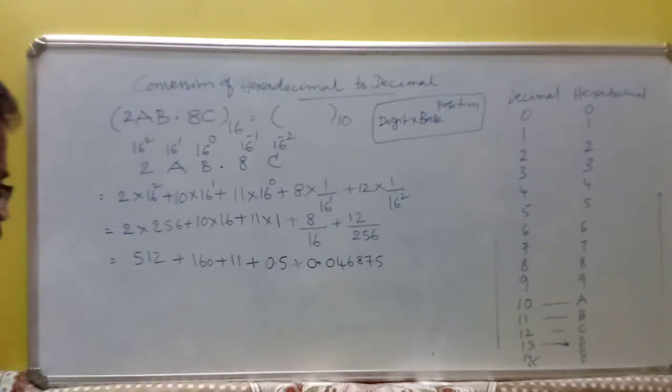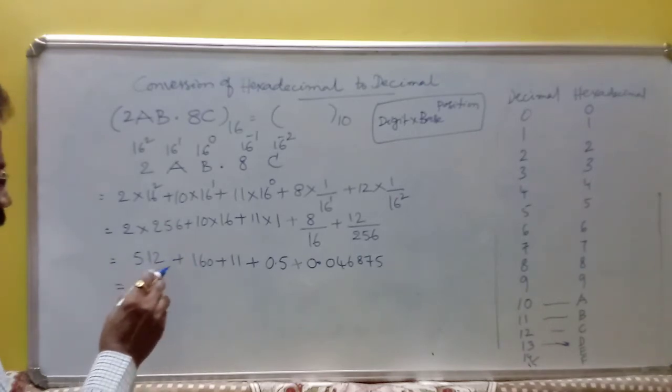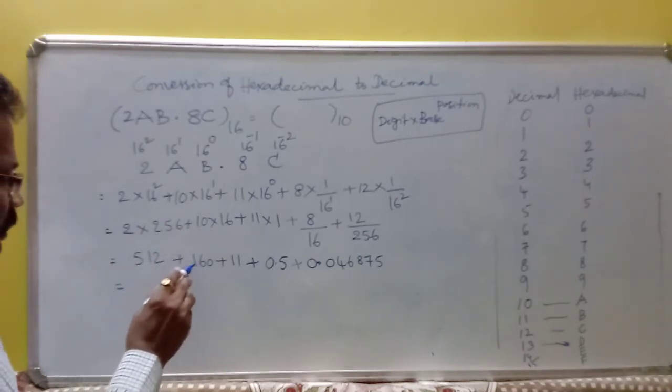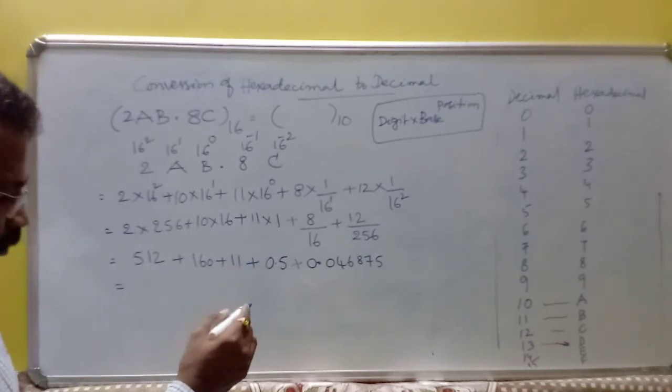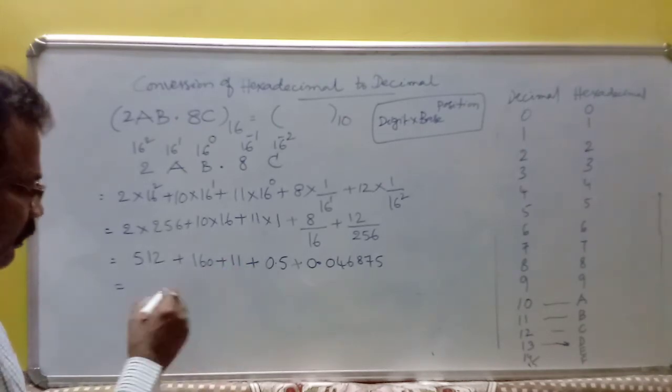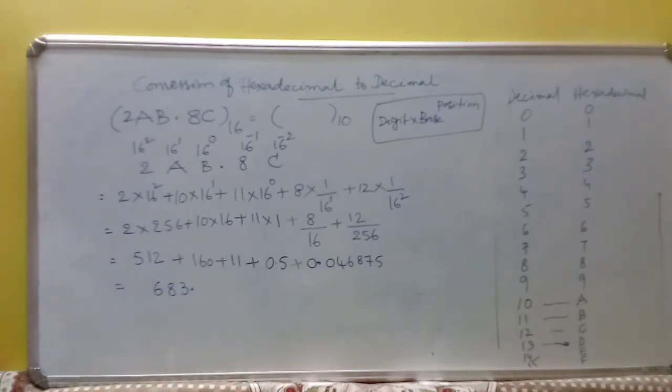Now, 512 plus 160 means 672. 672 plus 11 is 683.